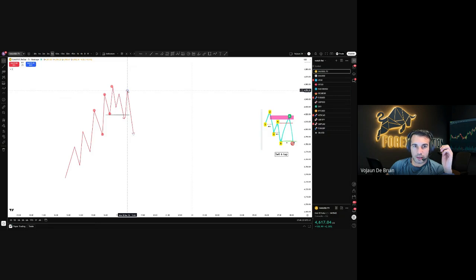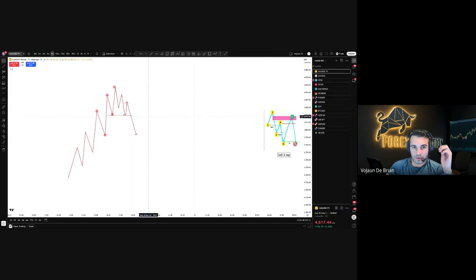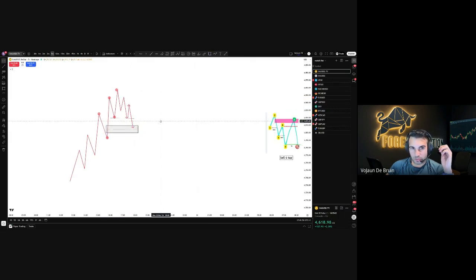So normally, hang on, we would have it like this. Price will react there. It will do this. It will do that. There will most likely be a fair value gap or something as an example.